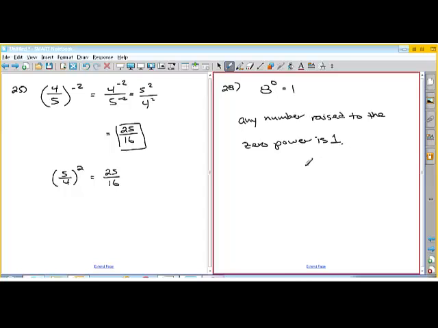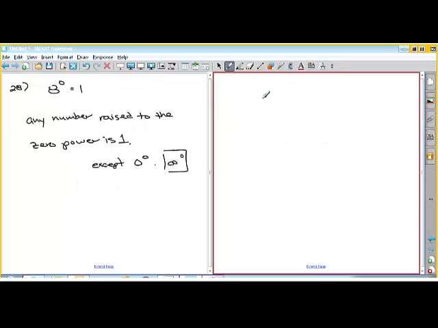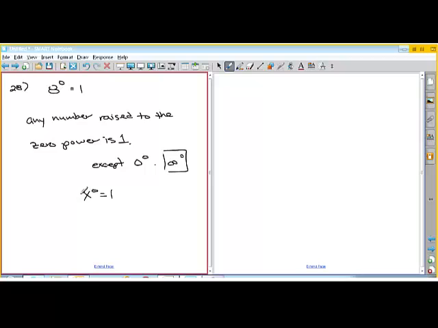Now, except 0 to the 0 power, or infinity to the 0 power. Really, infinity is not a number. Even x to the 0 power is 1. So even a variable, you don't even have to know what the number is.